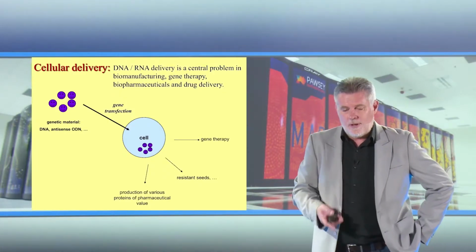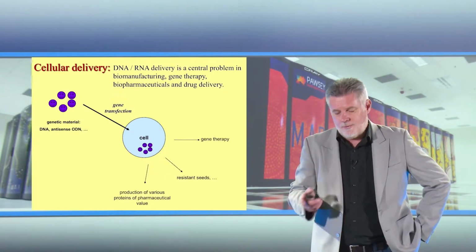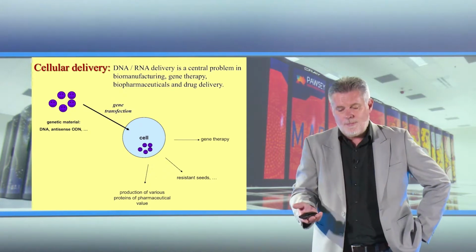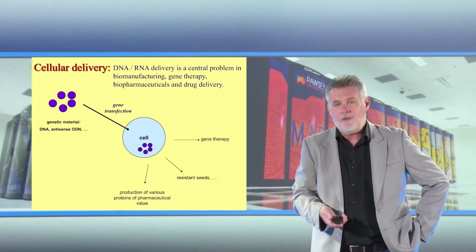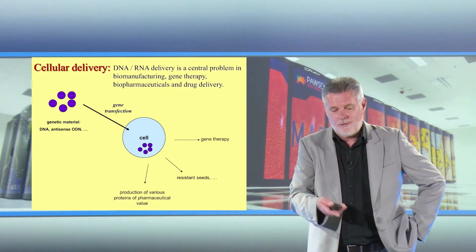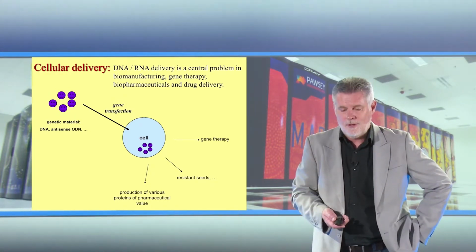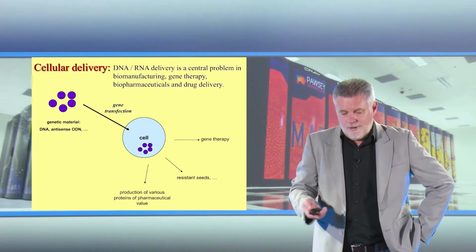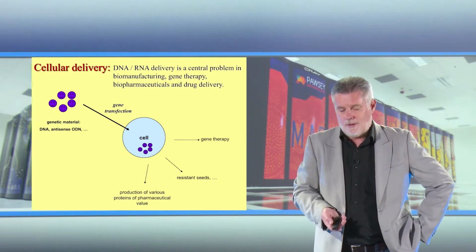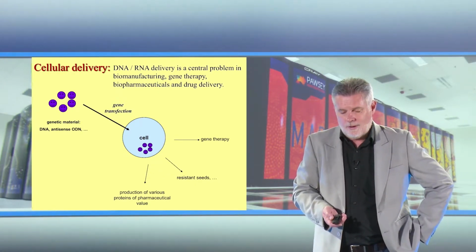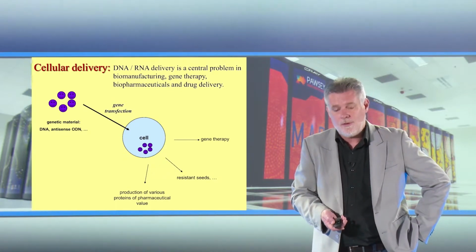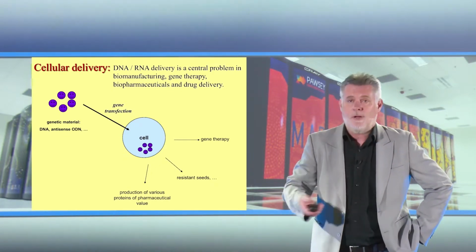This is a very simple summary slide, essentially representing the fact that there are lots and lots of good reasons why we want to be able to get drugs and genes into cells. It's important for gene therapy, for plant biotechnology, for manufacture of proteins and drugs, and for ongoing treatment of patients.